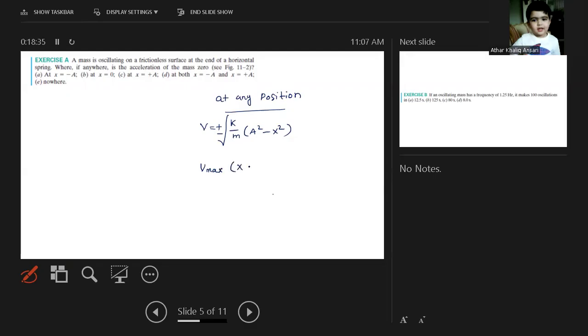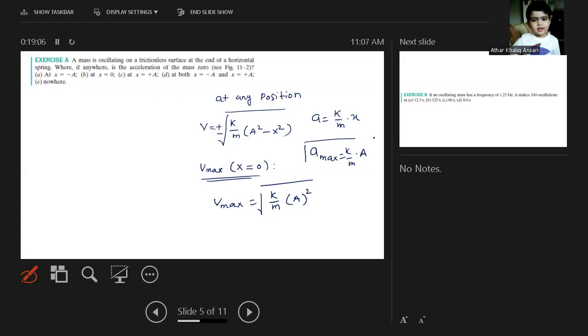Velocity is maximum at the equilibrium position, so the equation is v max equals radical k over m times a squared only, without x squared. Acceleration is generally equal to k over m times x. When it is maximum acceleration, it is k over m times a. So it is similar to the maximum velocity, only the radical sign and square are missing.